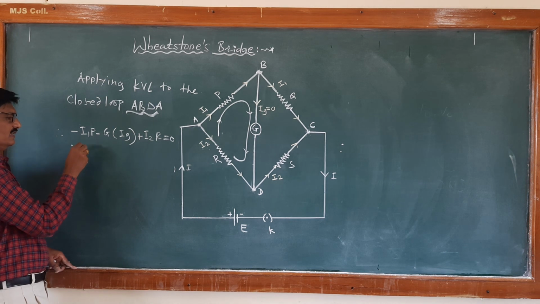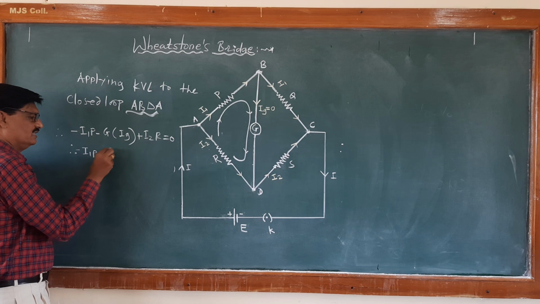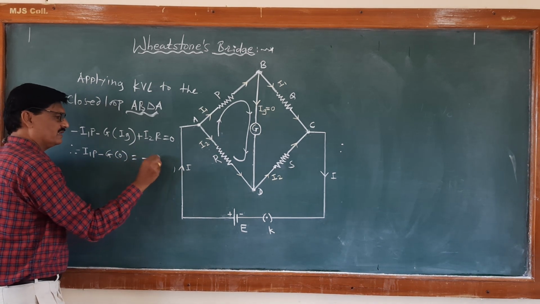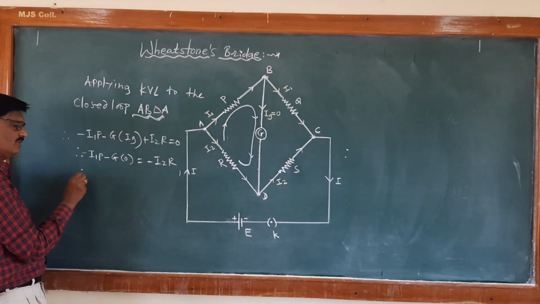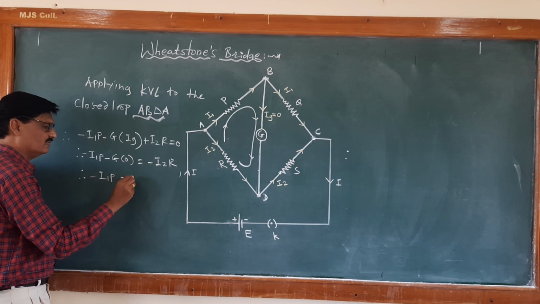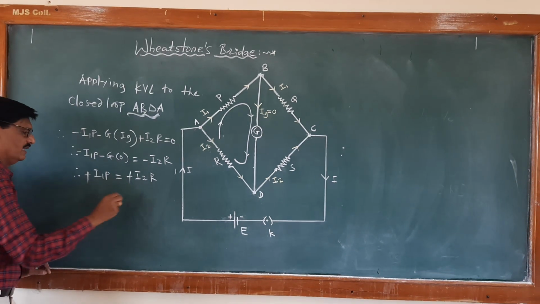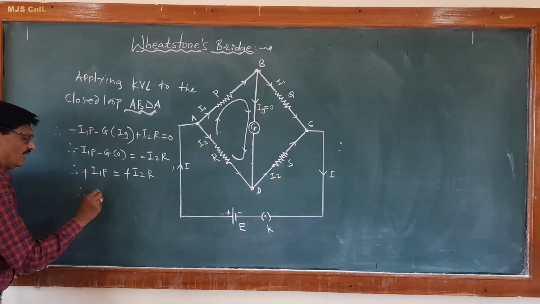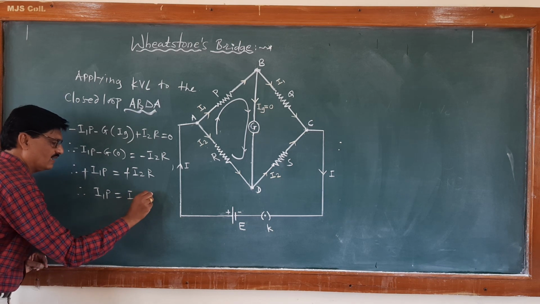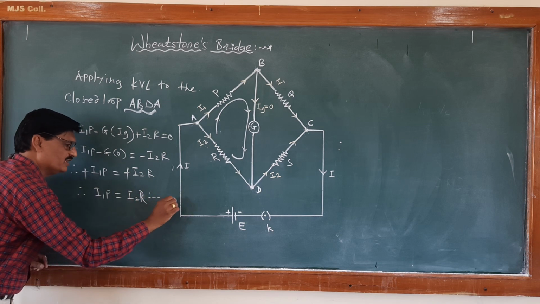Since Ig is equal to 0, minus I1 times P is equal to minus I2 times R. The minus signs cancel, and therefore I1P is equal to I2 times R. Suppose this is my equation number 1.